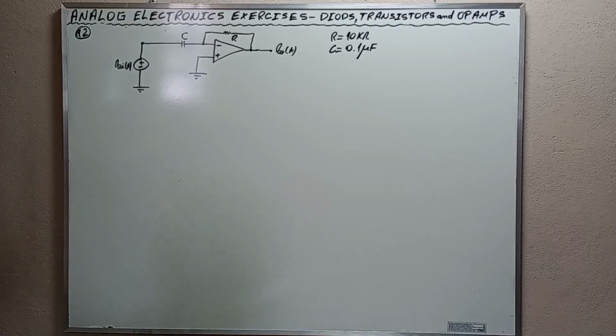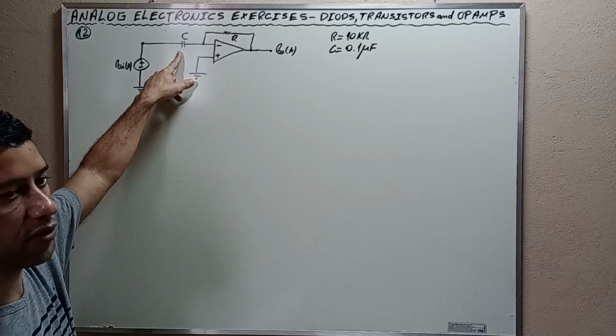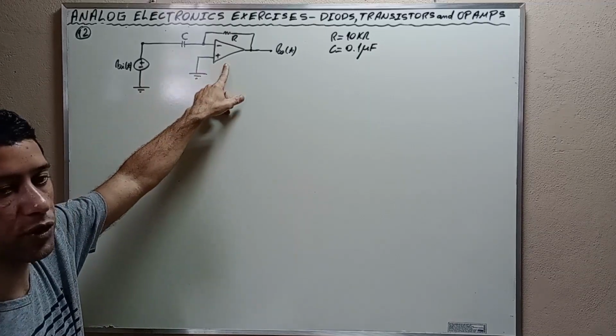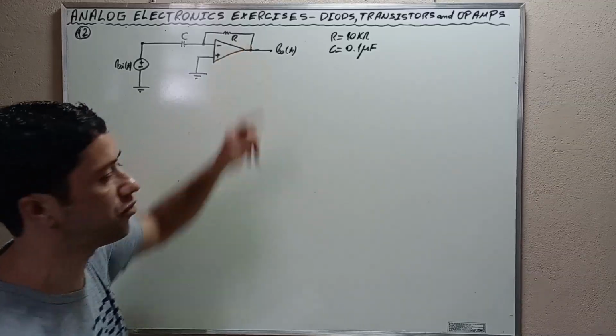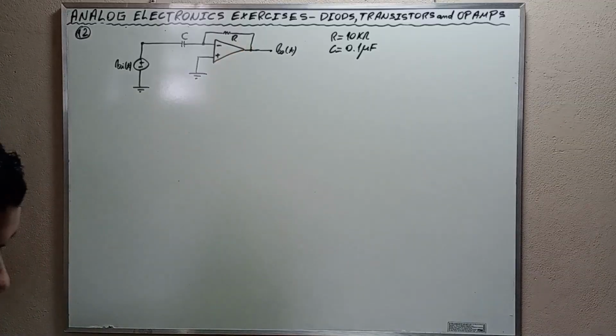Firstly, we need to understand the components of the exercise. This is a capacitor, this is an operational amplifier, and this is a resistor. We need to be able to work with these components.